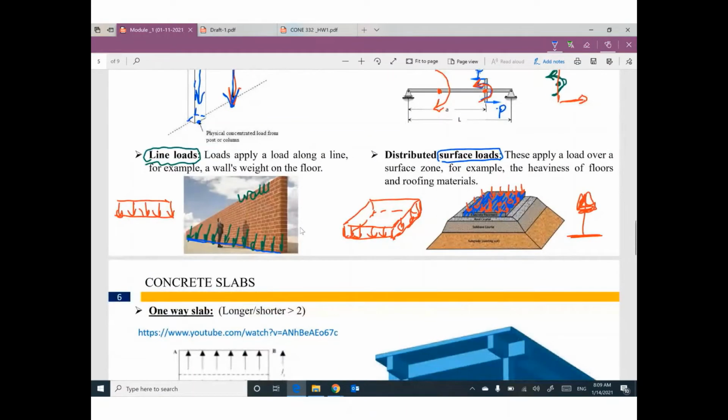Probably you can find line load, vertical load or horizontal load along a line, like this wall. This wall represents a line load. Probably we have surface load on an area, not line, not point, but area. All of this stuff was covered last meeting.